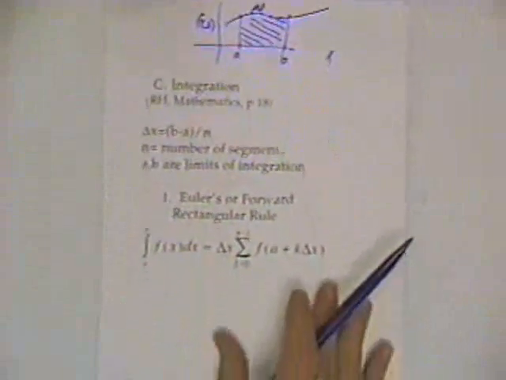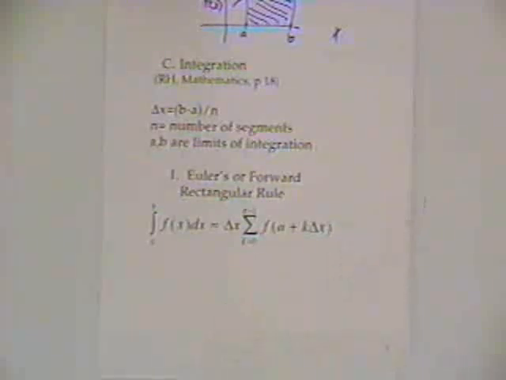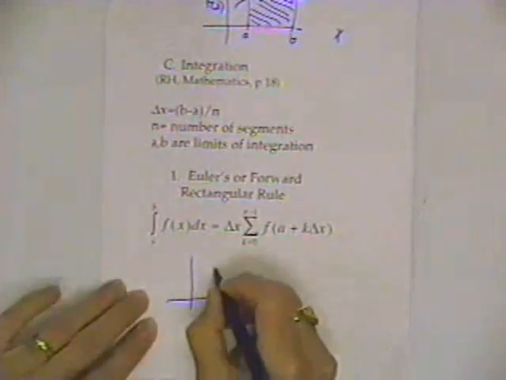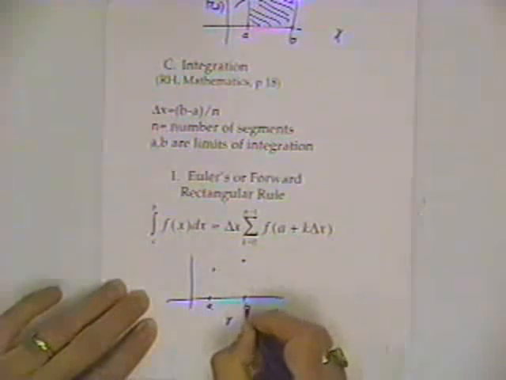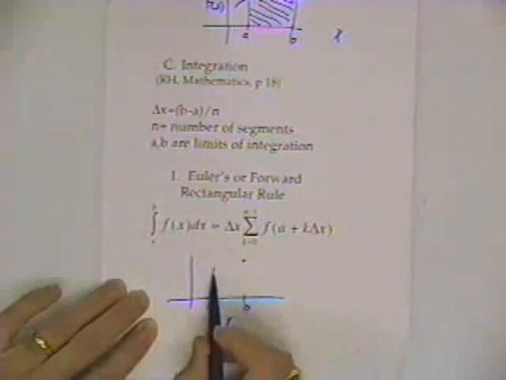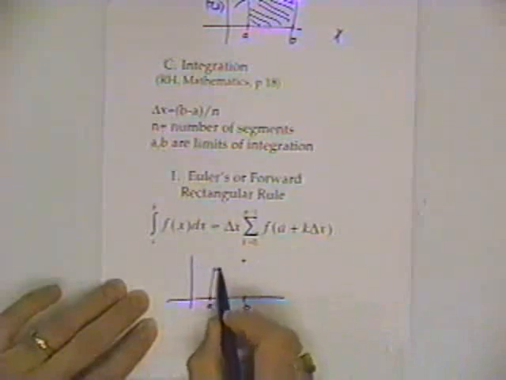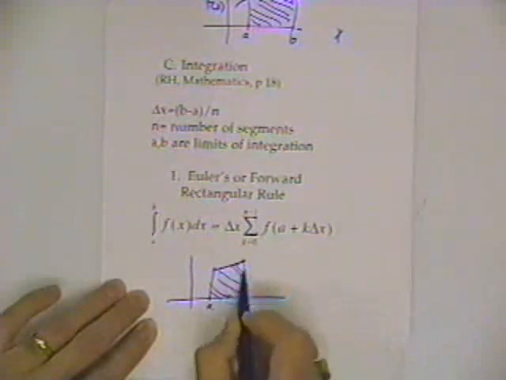All right. The simplest formula that you can use for numerical integration is called Euler's formula, or it's also called the forward rectangular rule. And simply what it does is, if you have 2 values of a function, say at x equal A and x equal B, it estimates the area under the curve by, in effect, calculating the area of that trapezoid.